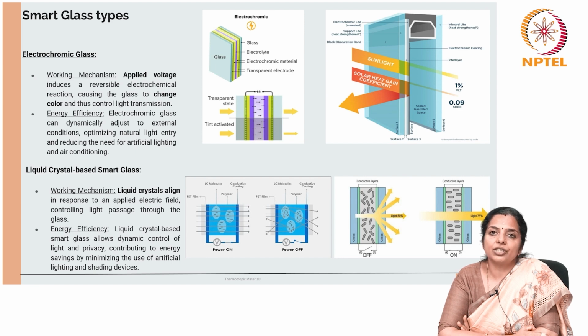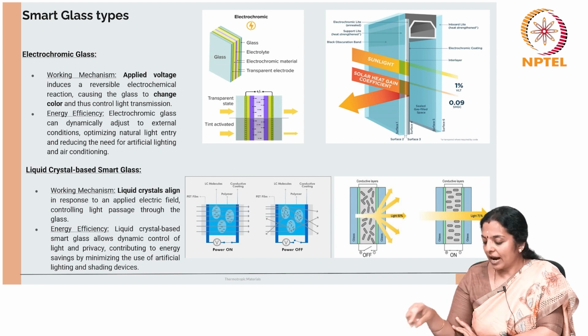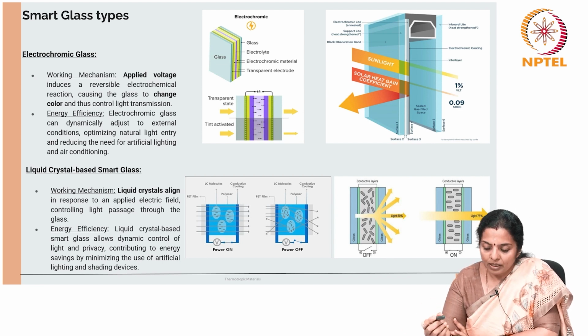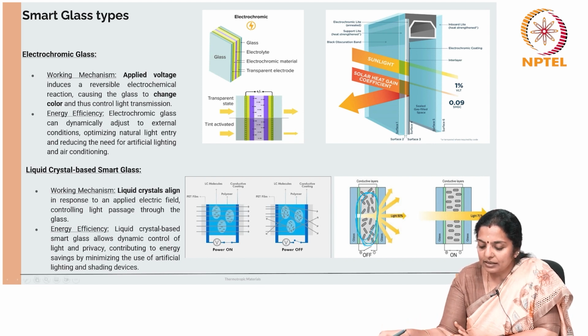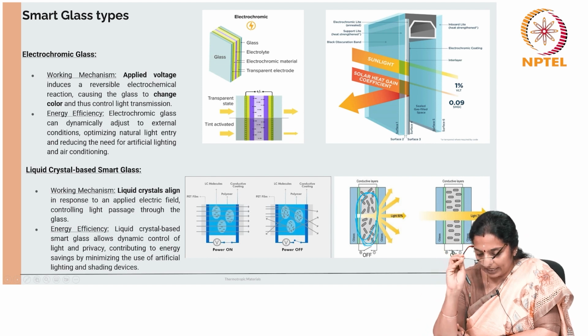In terms of energy efficiency, liquid crystal based smart glass allows dynamic control of light and privacy, contributing to energy savings by minimizing the use of artificial lighting and shading devices. So, what it does is basically the layers inside start to organize themselves in the presence of light.